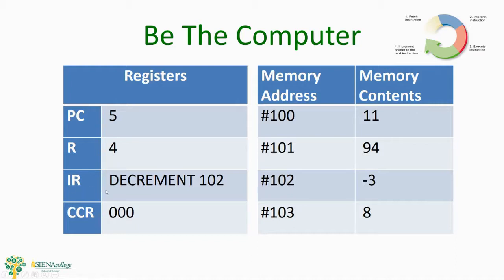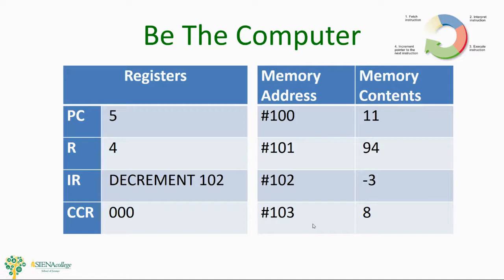The last instruction was decrement, and the comparison register is at 0. We've got memory addresses 100, 101, 102, and 103, and 100 has the value of 11, 101 has the value of 94, there's a -3 in 102, and there's an 8 in 103.